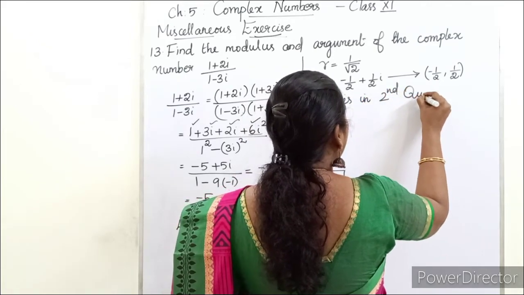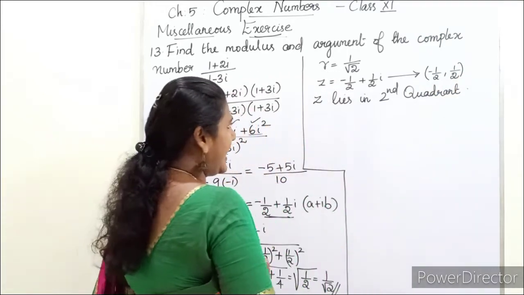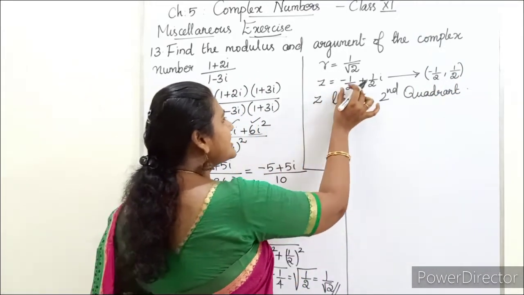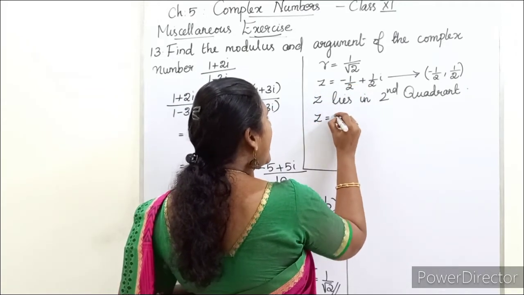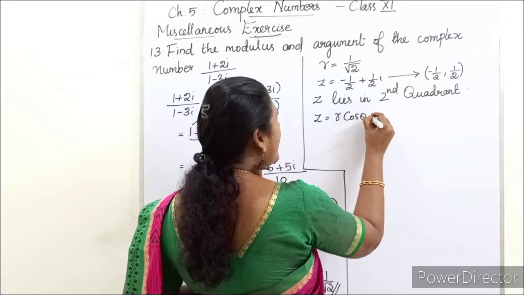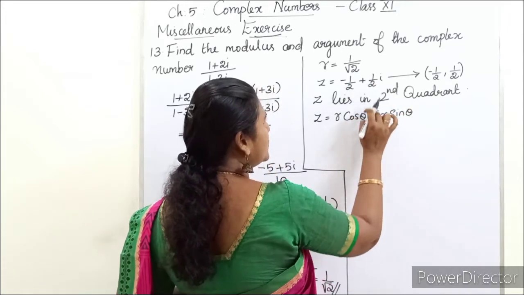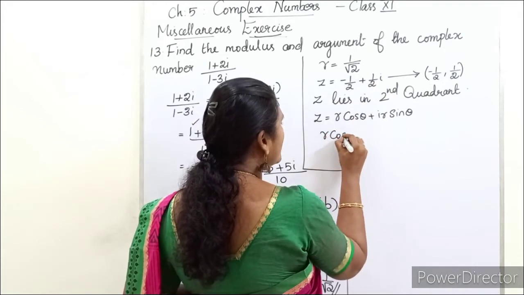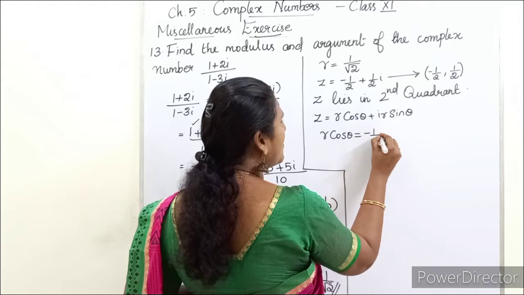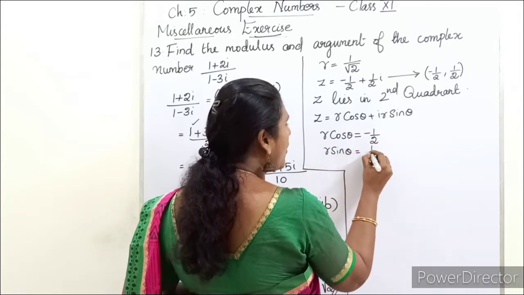So how to find the argument in the second quadrant? Now we have to check that. First we will write z is equal to r cos theta plus i r sin theta. From this we will compare these two equations. So what is the value of r cos theta? r cos theta is equal to minus 1 by 2 and r sin theta is equal to 1 by 2.